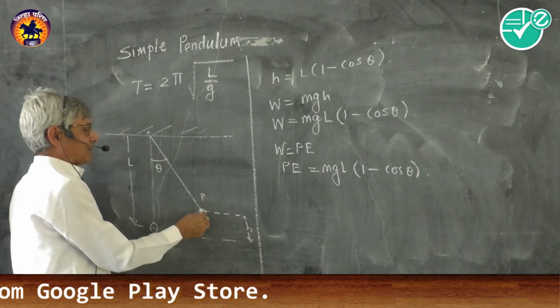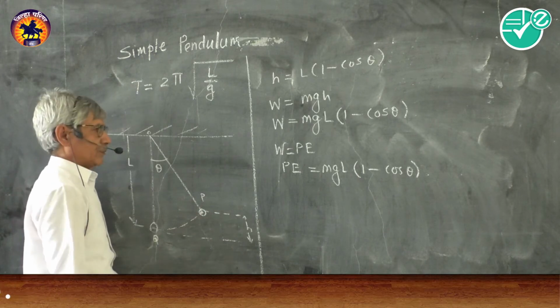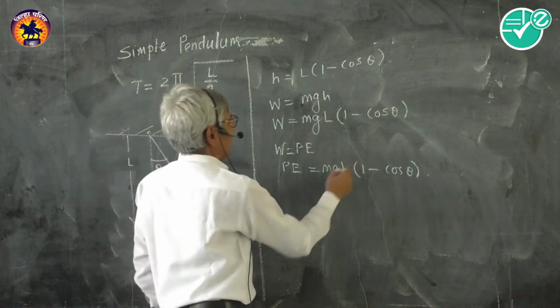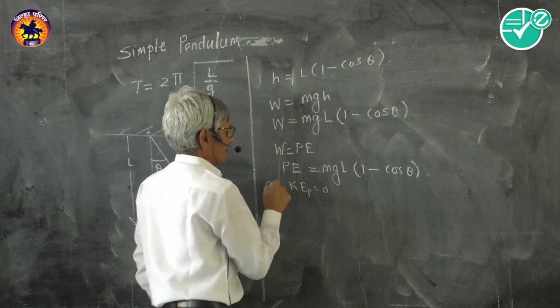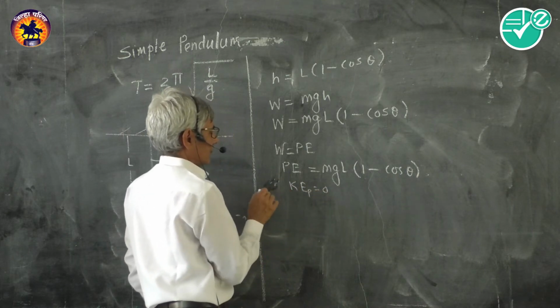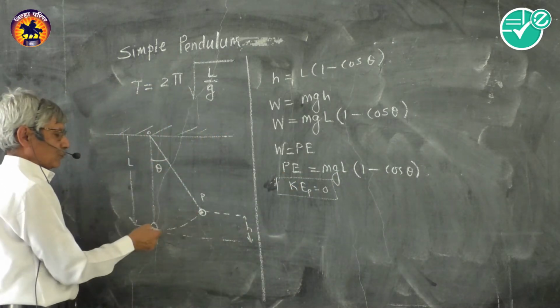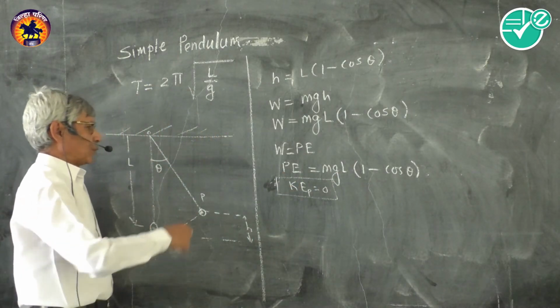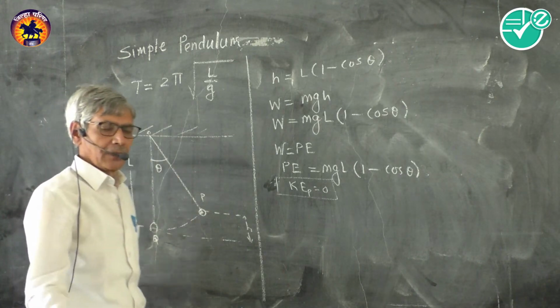Now suppose that the bob starts moving from position P where it is at momentary rest. So the kinetic energy at P will be 0. Now it starts to move toward the position Q. This potential energy starts to change into kinetic energy.